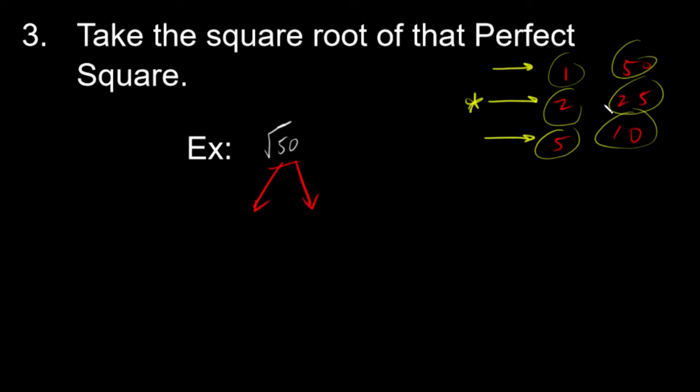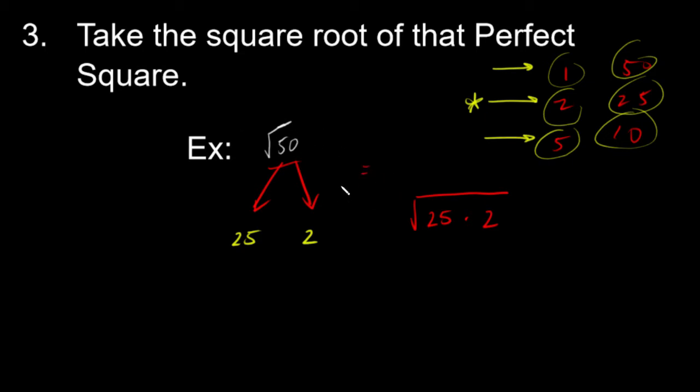So you've got 25 and 2. And when you break it into 25 and 2, it's still the square root of 25 times 2 under the same radical, because 25 times 2 is just 50. I'm sure you can agree that this is the same thing, right?